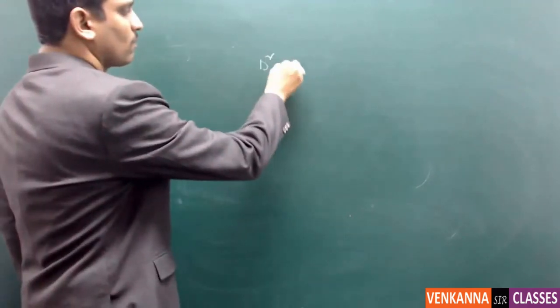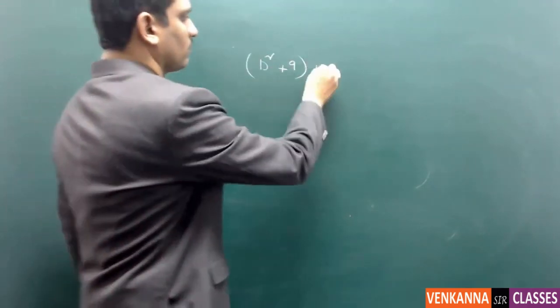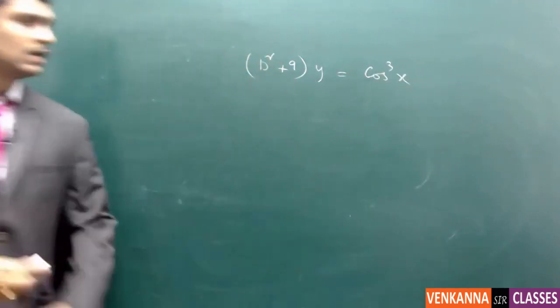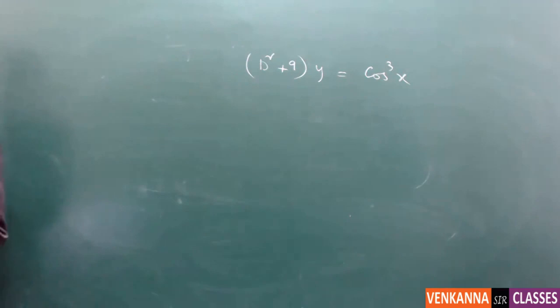Not two, obviously I will say three problems I am going to take. So (D square plus 9) y equal to cos cube x. So please go with yc. After doing, please inform. I will discuss yp.